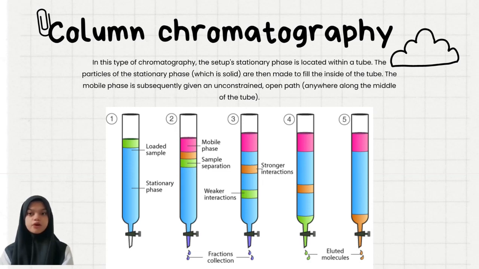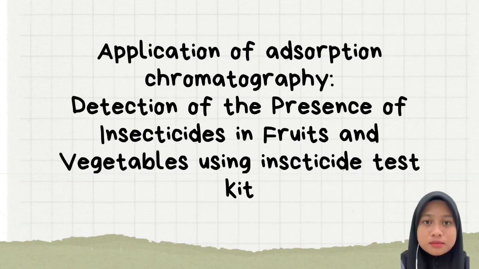In this type of chromatography, the stationary phase is located within a tube. The particles of the stationary phase, which is solid, are made to fill the inside of the tube. The mobile phase is subsequently given an unconstrained pass along the middle of the tube.